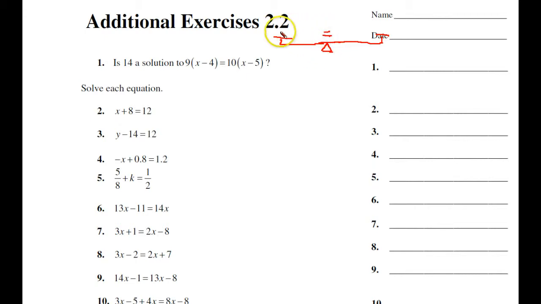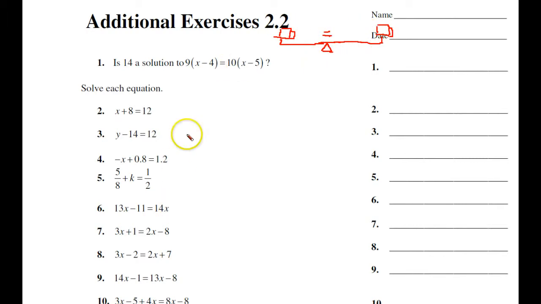And we're saying what's on the scale on this side is equal to what's on the scale on this side, and the scales balance. And if we add something to this side, and we add something to this side, it's the same, they will still balance, but it's not the original amount.